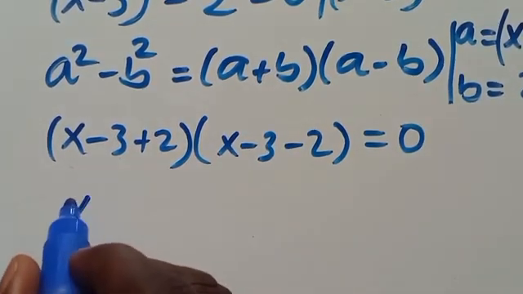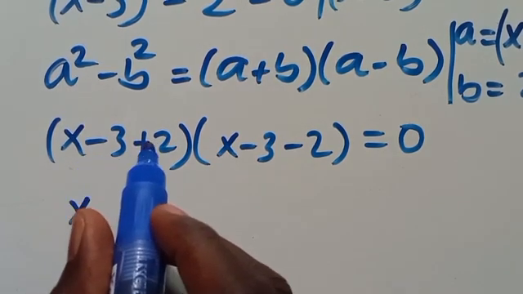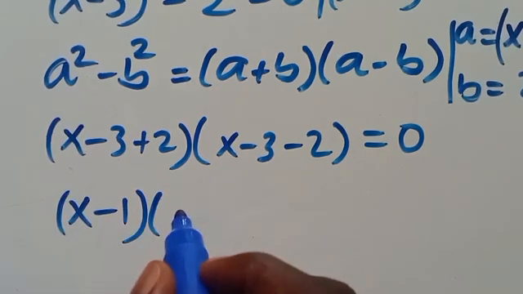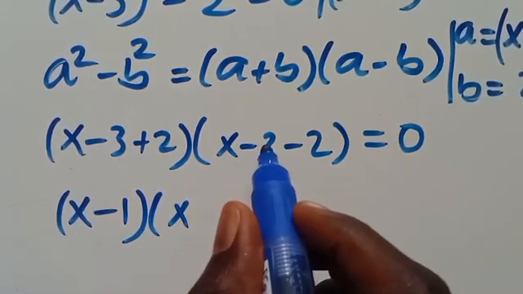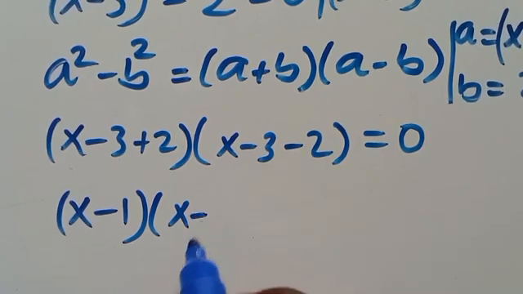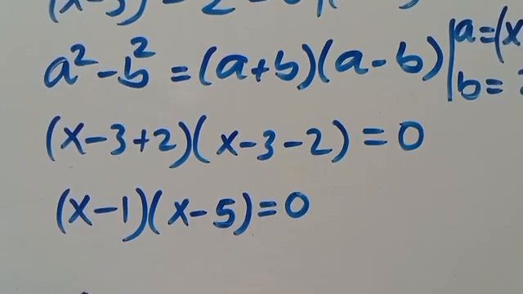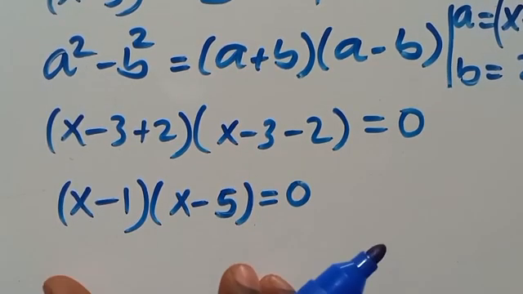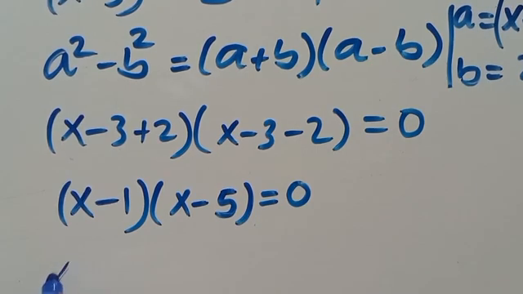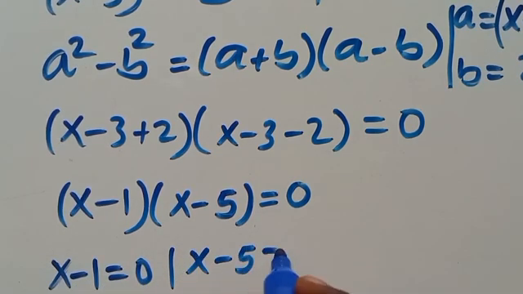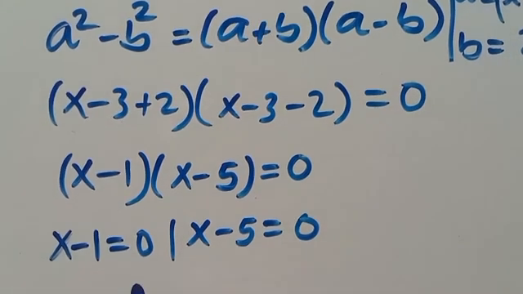So we have x minus 3 plus 2 will give us minus 1. We have x minus 3 minus 2 will give us minus 5. Still equals 0. Now for this term again to be equals 0, either we have x minus 1 equals 0, or we have x minus 5 to be equals 0.